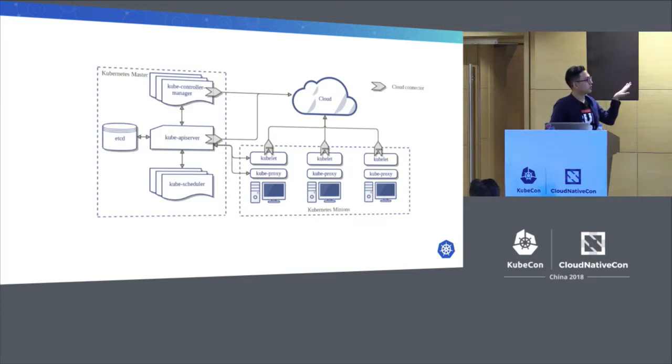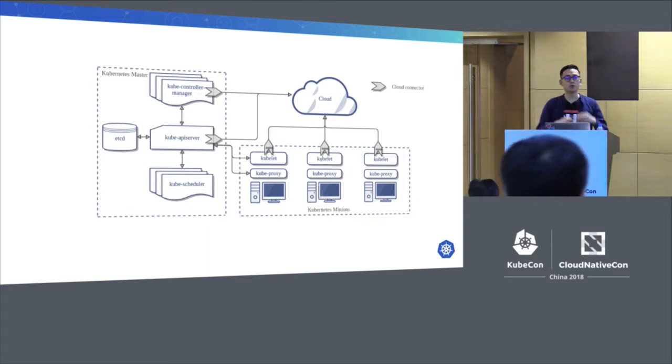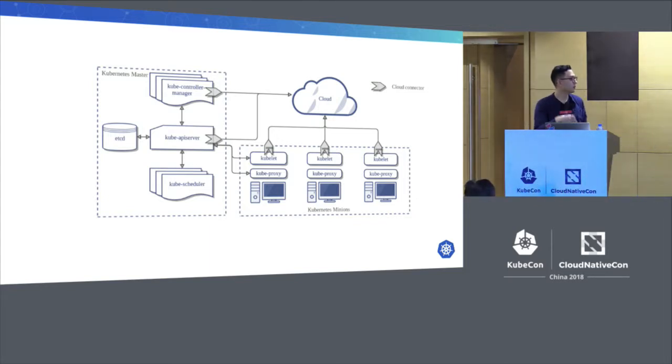Essentially, this is the model we have today, where all the core components of Kubernetes, the kubelet, the API server, and the controller manager, have the cloud provider APIs and libraries compiled into the component. So each component knows how to call out to their respective cloud providers.